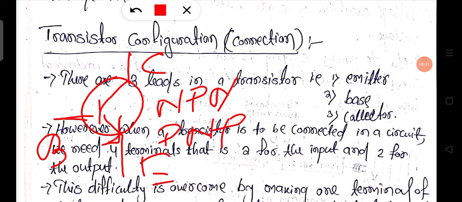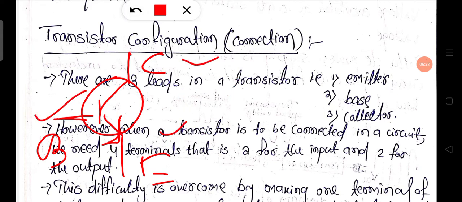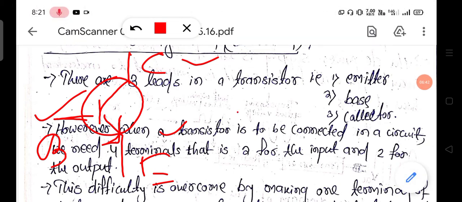So you see, the transistor has three terminals. But when we use it in a circuit, we need four terminals, that means two terminals for input and two terminals for output.